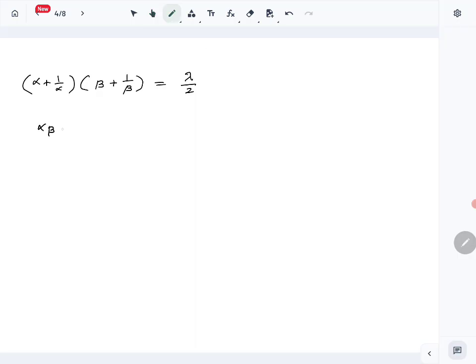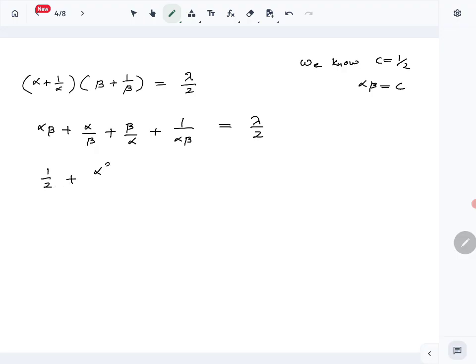Alpha beta, alpha over beta, beta over alpha, 1 over alpha beta is equal to lambda over 2, and we know c is half. And what is alpha beta? Alpha beta was also c from the previous part. So then we can write alpha beta as half.